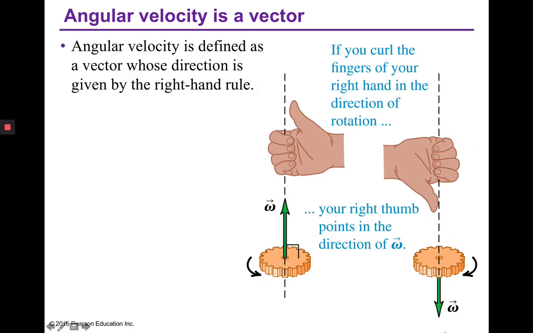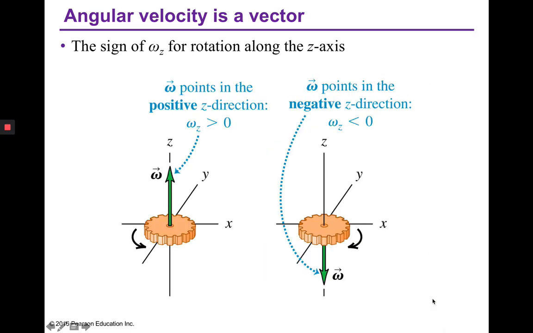That would be an angular velocity vector pointing down. Okay, so the omega vector points out of the plane in which you're rotating. That's positive angular velocity, that's negative angular velocity. Rotating counterclockwise, looking from above, rotating clockwise.